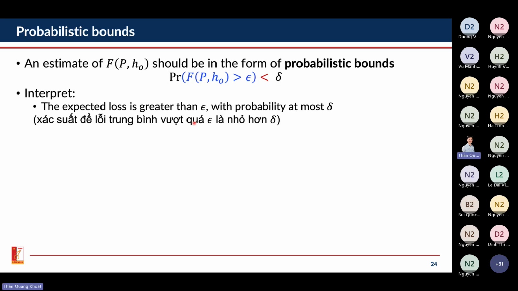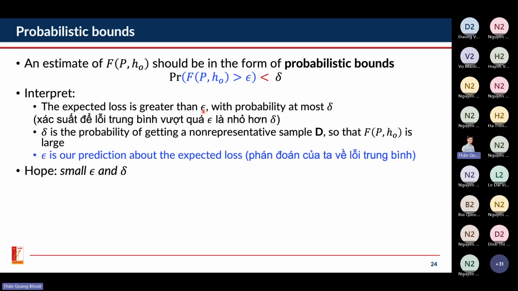And here, epsilon can be considered to be our estimate about the population error, right? Epsilon is an upper bound on the population error or the test error.